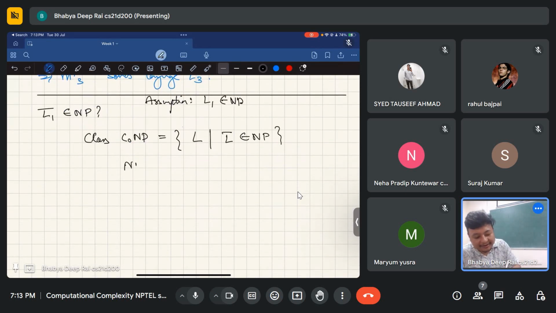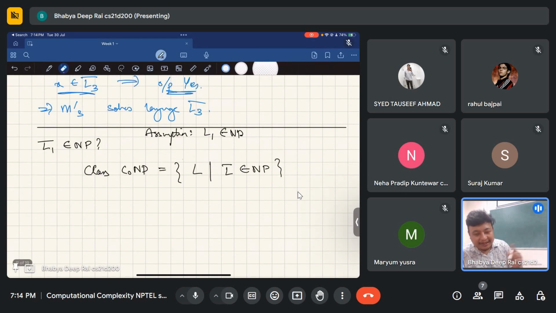Note that this is not the same as NP complement. Take all the languages in NP, and for each language take its complement. Those form a class called co-NP, which is another very rich class, and we'll see it later.